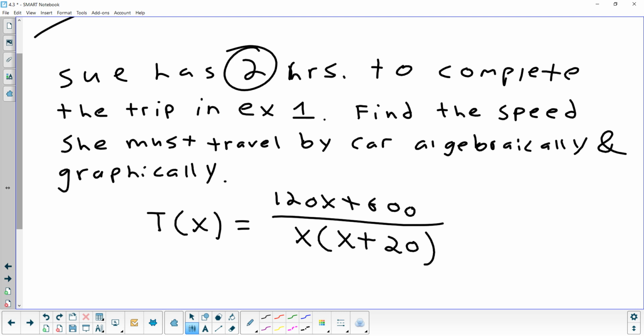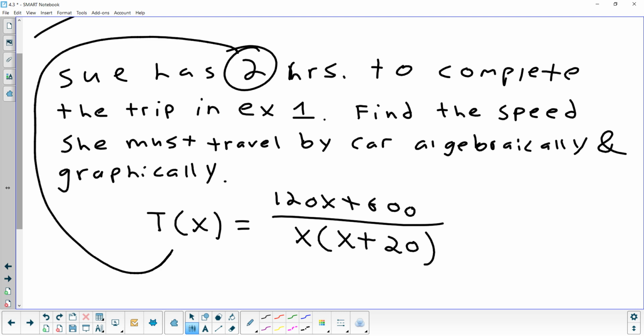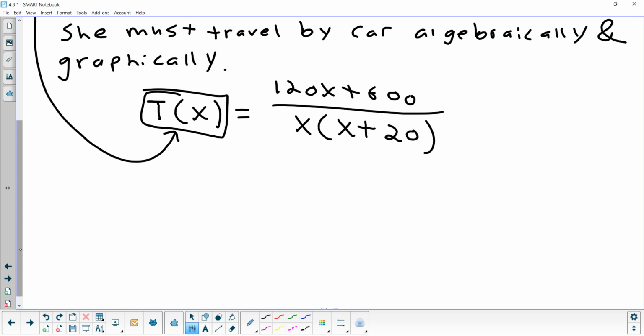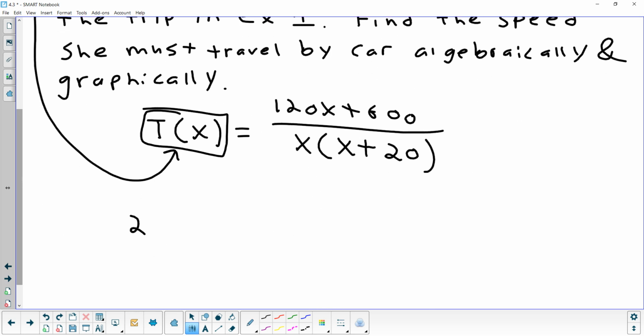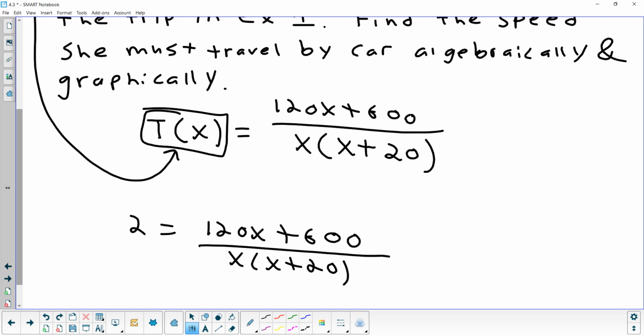You wouldn't plug it in for x. Remember, x is the speed of the car. That's what I don't know. I'm not saying the speed of the car is 2. I'm saying the time to do the trip is 2. So we would take this 2 and we would fill it in that box. 2 equals 120x plus 600 over x times x plus 20.